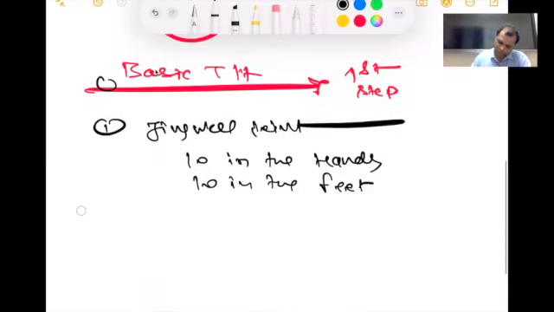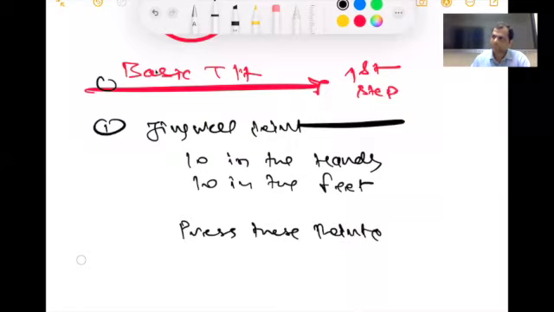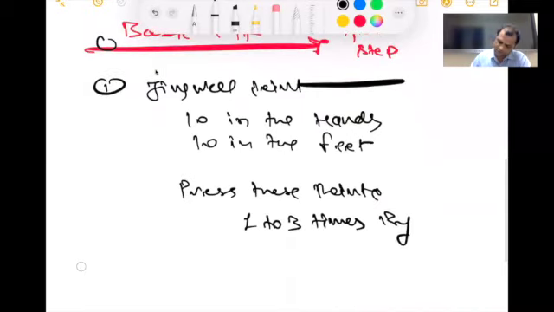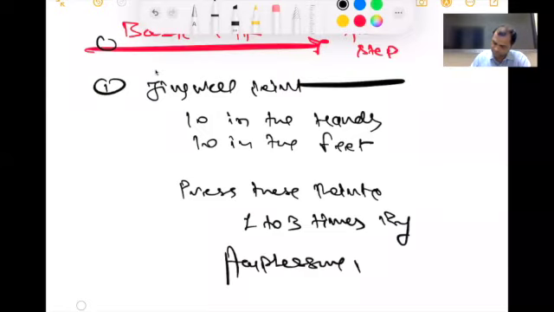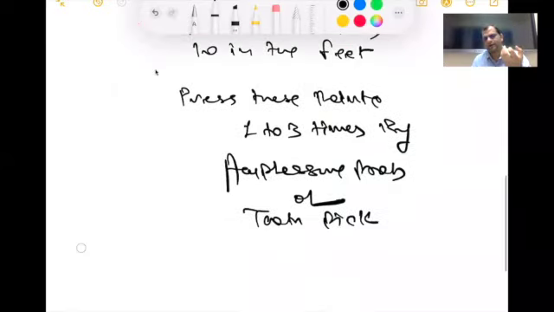Just press these points one to three times, using an acupressure probe or a toothpick or any other object.